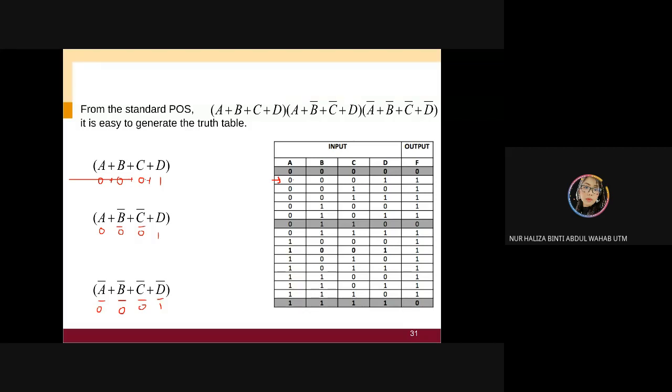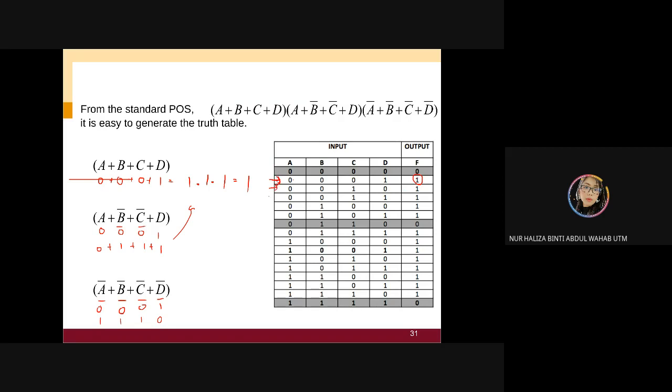Now I have 0 plus 0 plus 0 plus 1, you will get 1. Multiply with 0 plus 1 plus 1 plus 1, you will get 1. Multiply with 1 plus 1 plus 1 plus 0, you will get 1. Your answer will be 1. That's why for input number 2, you're going to get 1.